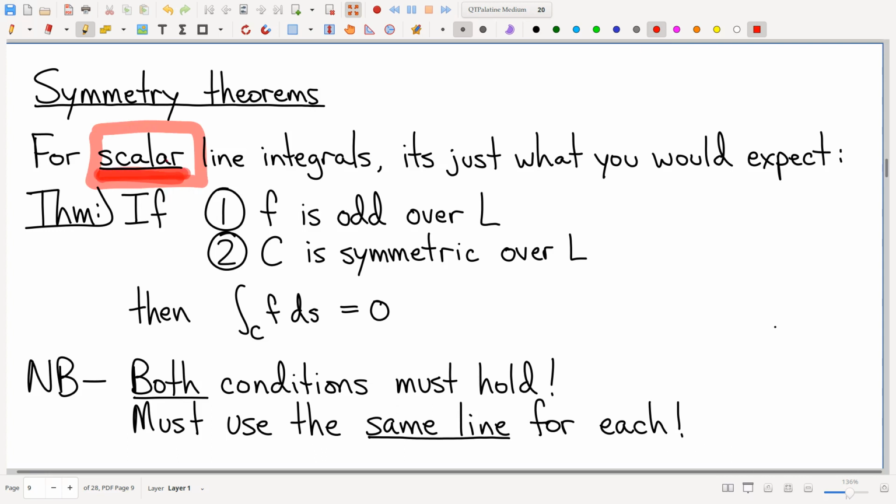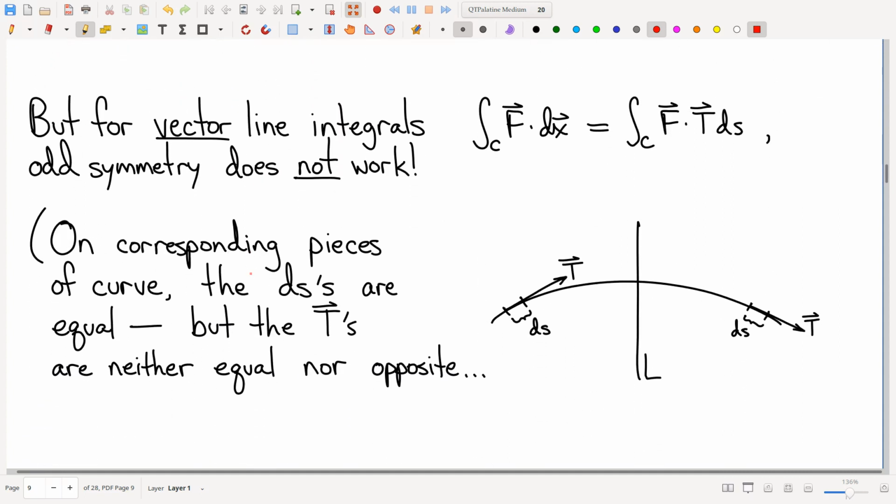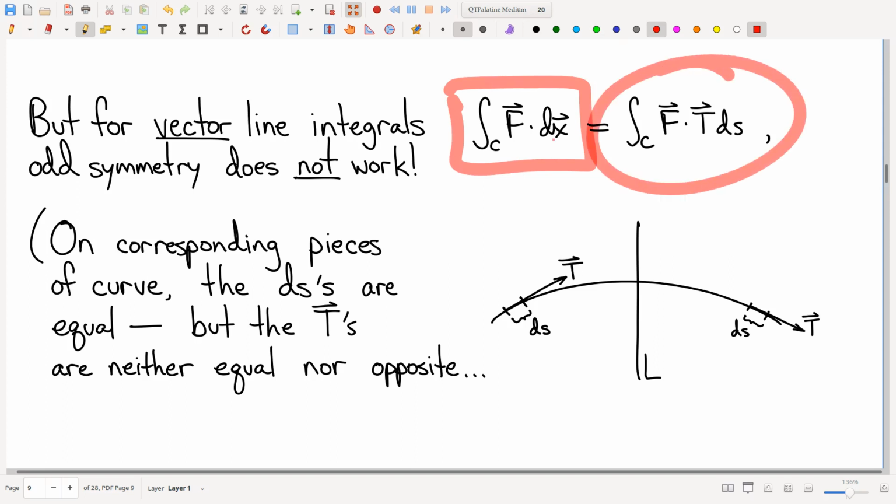You'll notice specifically it's got to be a scalar line integral. This does not work for vector line integrals. It just straight up does not work, and you can see why right here. If you're interested in a vector line integral, which of course you can rewrite like this, keep in mind the whole thing that makes a symmetry argument work is that you look at opposite pieces, pieces that are paired up by the reflection.